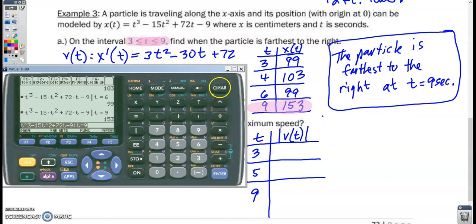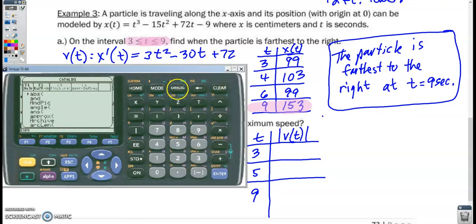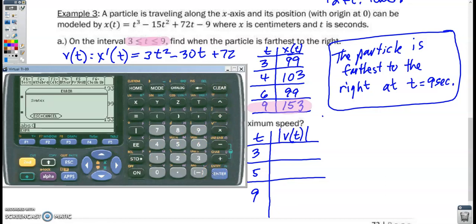I'm going to evaluate the absolute value. So I want the absolute value of the velocity function, 3t squared minus 30t plus 72. Oh, I forgot I switched calculators.